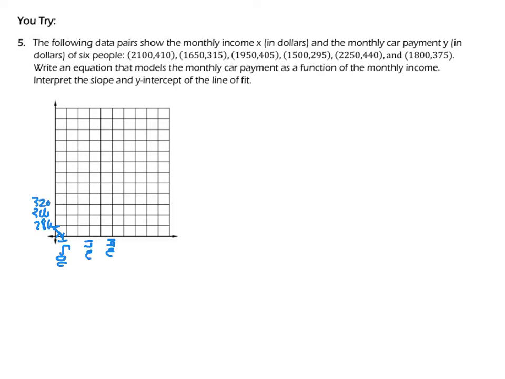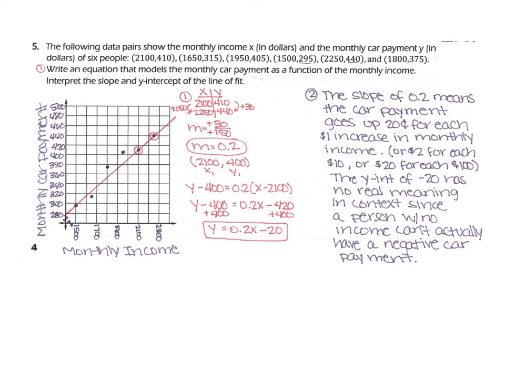If you were stuck on how to scale your graph, there's a start for you, so finish that, plot your points, and then pause the video, and then take a look at what I came up with for an answer. Remember, when we write a line of fit, it's just an approximation of the data. So when I looked at that line, I had 1 point below and 2 points above the line I drew.